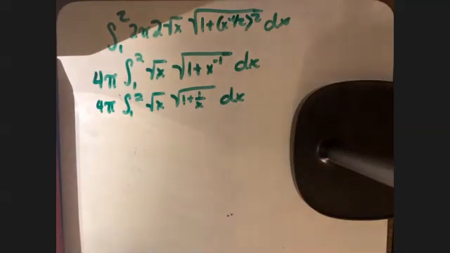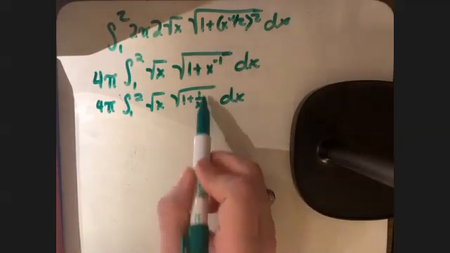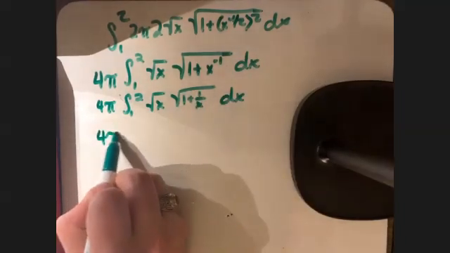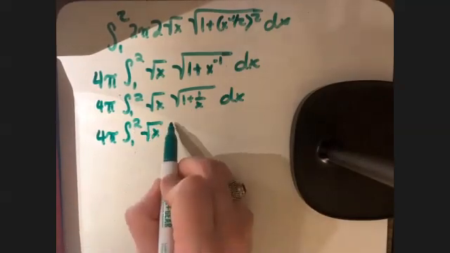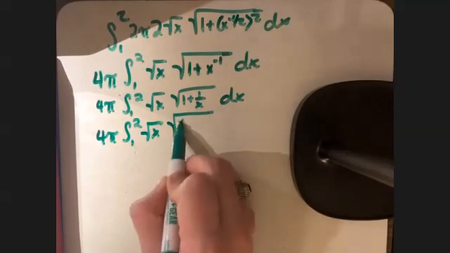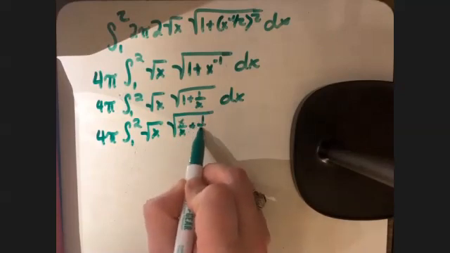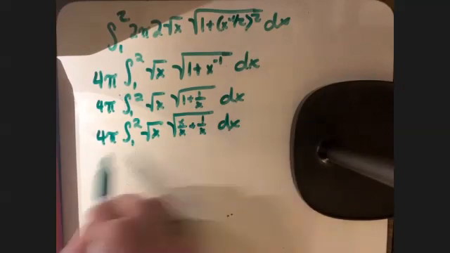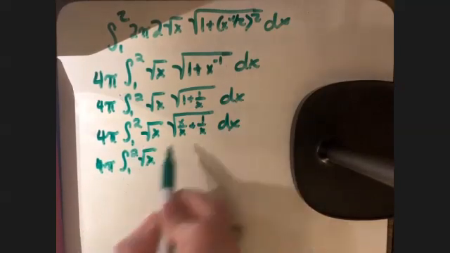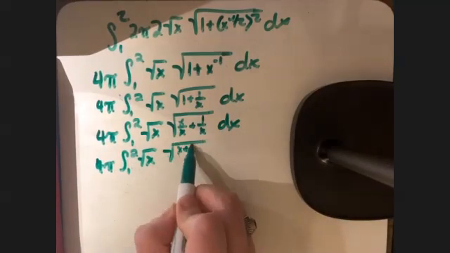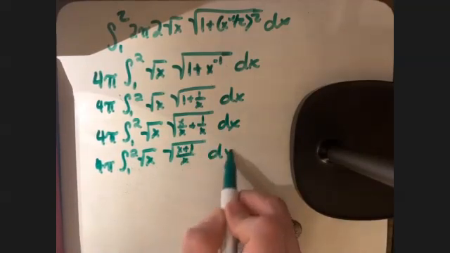Now I'm going to try and clean this up. 4 pi, 1 to 2, square root of x, times the square root of x over x plus 1 over x, dx.